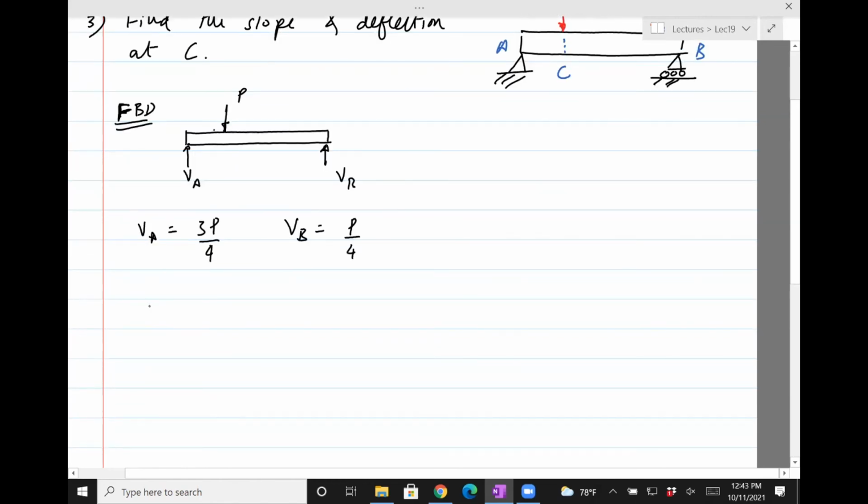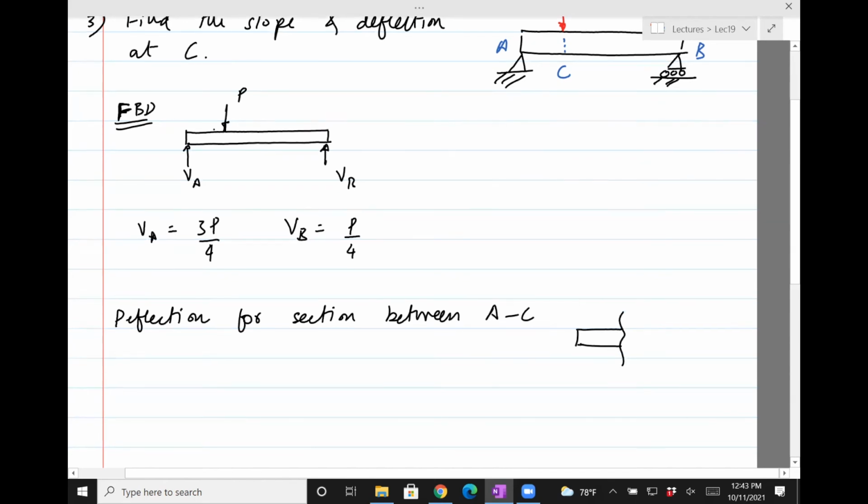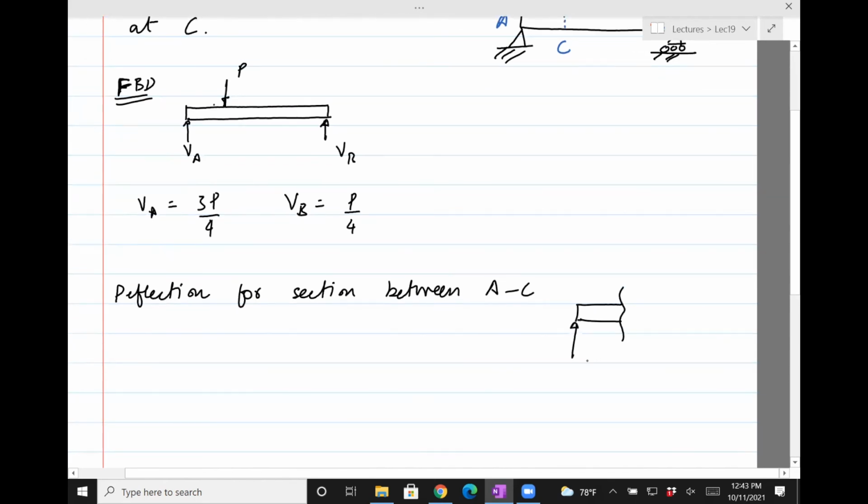Second piece is, let's do deflection for the section between A and C. So what we do is literally cut the section between A and C. Now we have this VA acting upwards, and we want to find the moment.